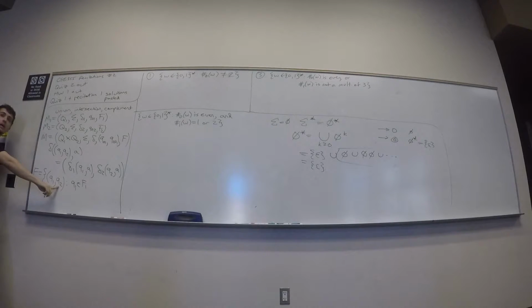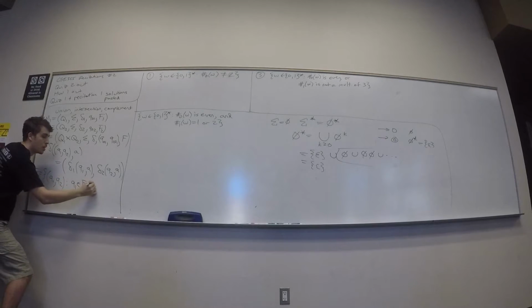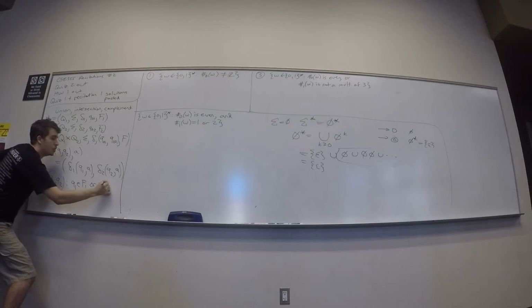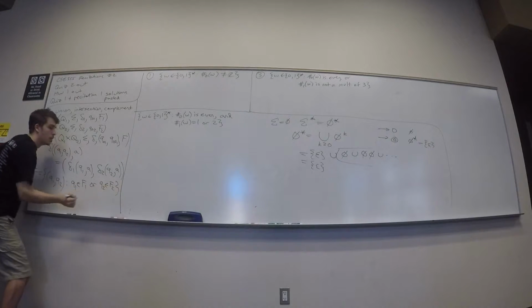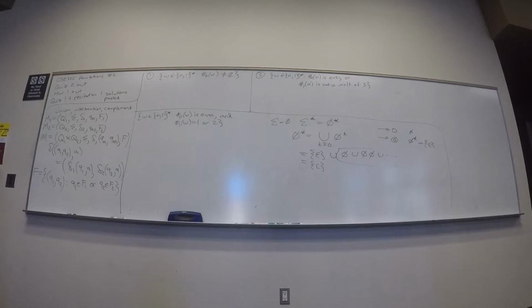If Q2 is final, do I care what Q1 is? No, because again, I would be in the union if M2 was in a final state at that point. So I write or Q2 is in F2, and obviously if both are true, then I'm definitely in the union for sure. Is that good for everyone?